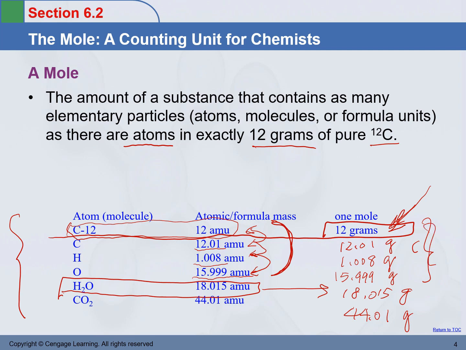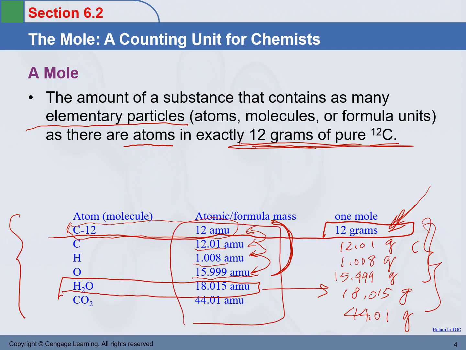They all have the same number of elementary particles, although we don't know that number yet, but we call that number 1 mole. That's the benefit of using 12 grams of carbon-12 to define 1 mole. By doing that, we can use these AMU numbers right away.